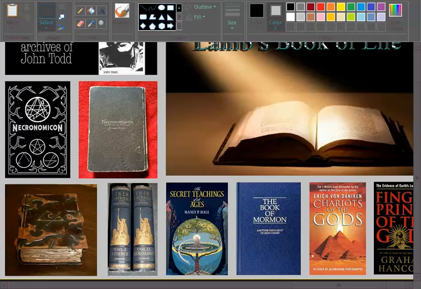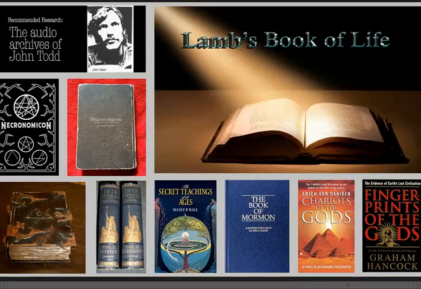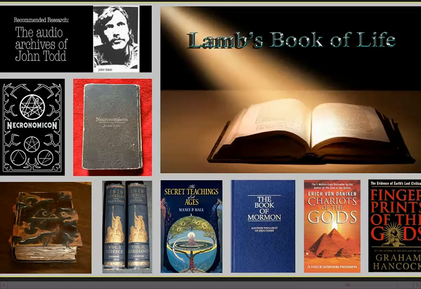Alright. Moving on down. I thought I would bring this up as well. Back in 2007 or so, I came across the audio archives of a guy named John Todd. It was a guy in the 70s who claimed to come out of the Illuminati.